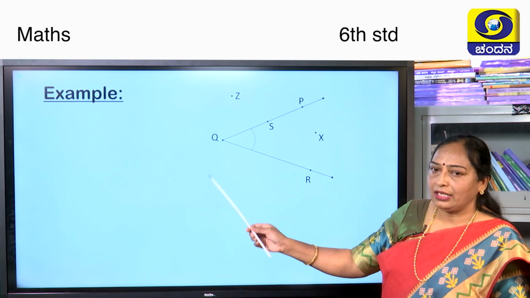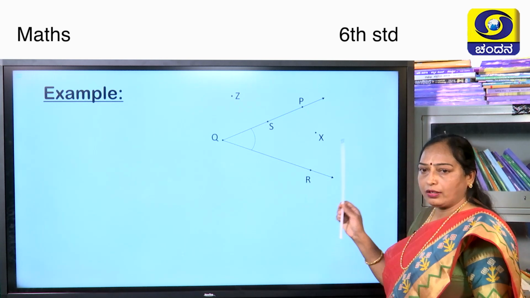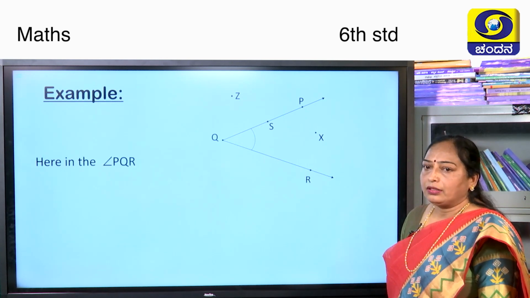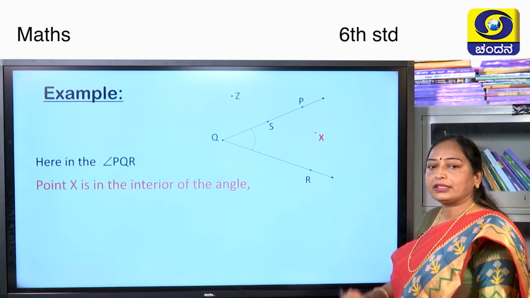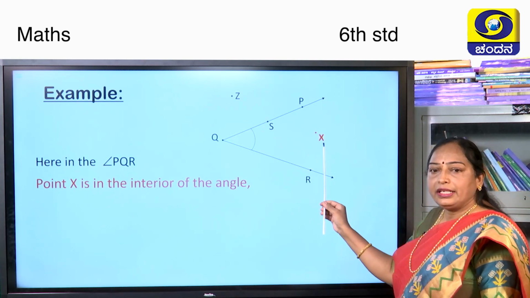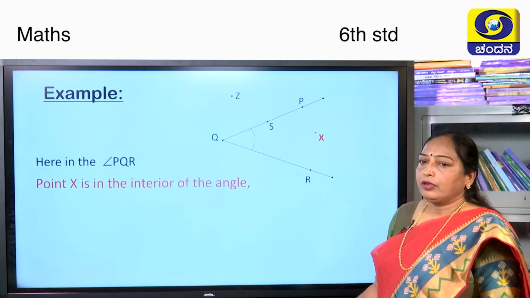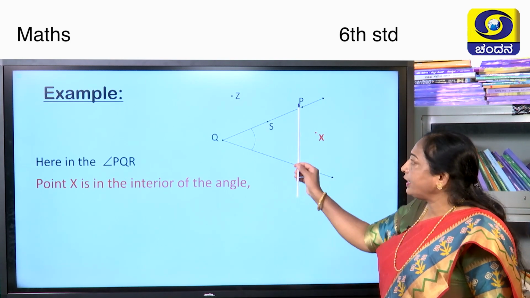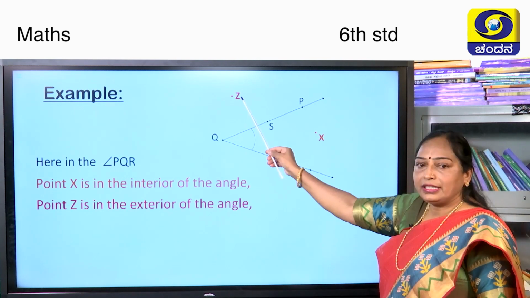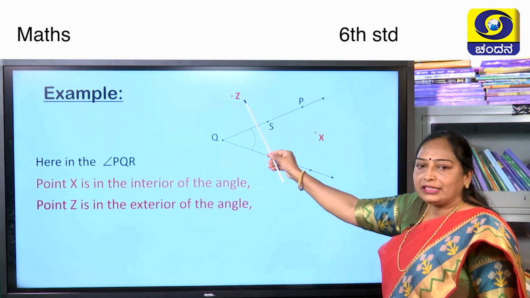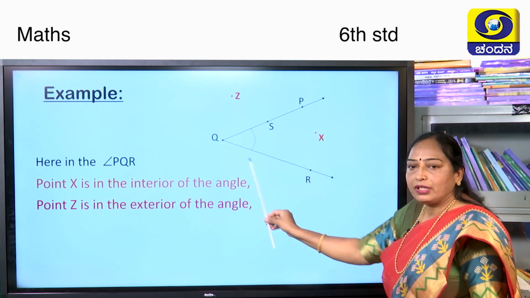Let's take an example. Look at this angle PQR. In the angle PQR, which point is situated in the interior of the angle? Point X. Point X is in the interior of the angle. Which point is situated in the exterior of the angle? Yes, that is point Z. Z is in the exterior of the angle.